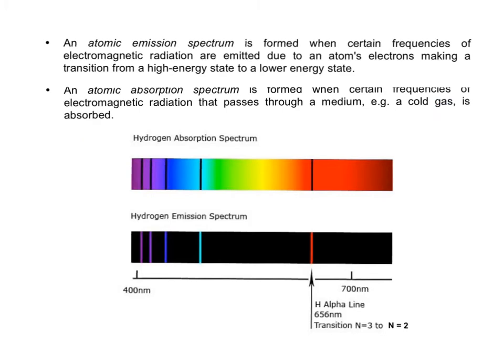And so we can see that where in a hydrogen emission spectrum you find the bands at the same wavelengths, in an absorption spectrum you'll find that there are dark bands because those frequencies of light are absorbed. So this is beautiful proof. It's double proof of the specific or quantized energy levels of electrons in atoms.